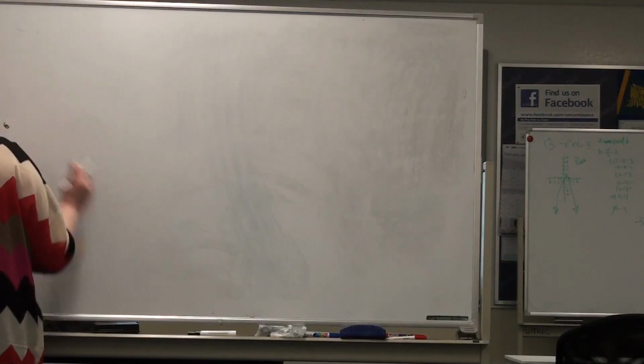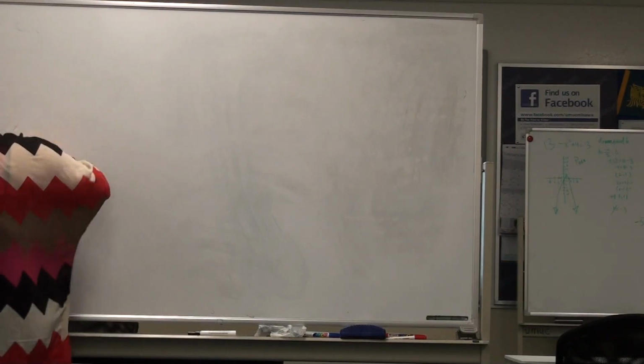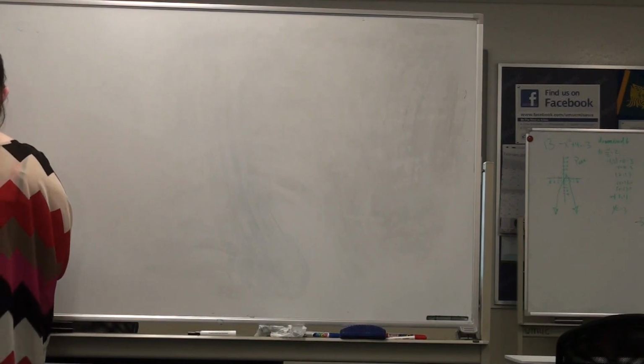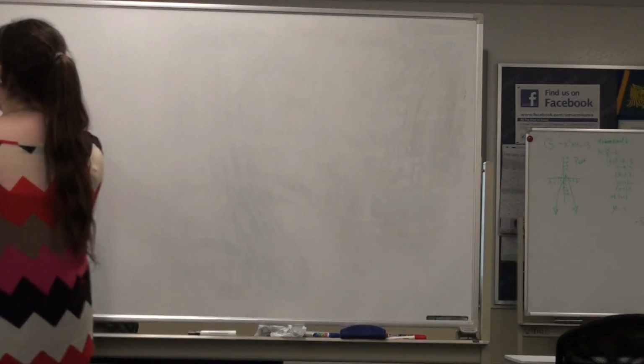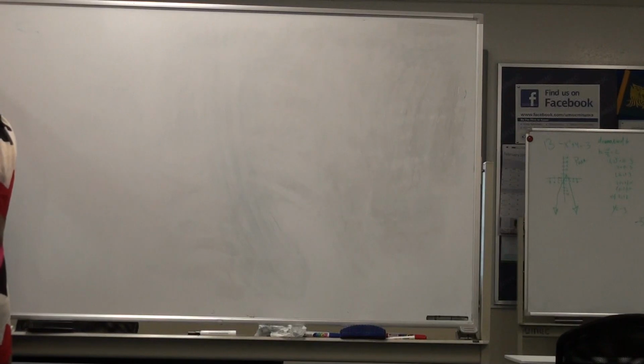Hold up. Where did you get the thing with the X bar on it? This is just the standard error of the mean. It's similar, sigma of x bar. The formula for that is sigma over the square root.